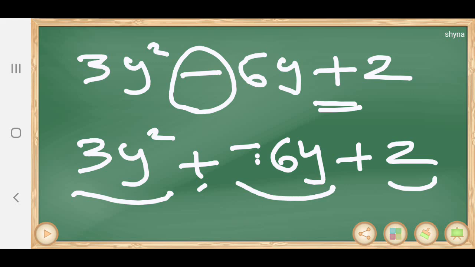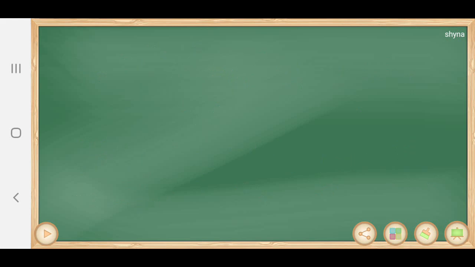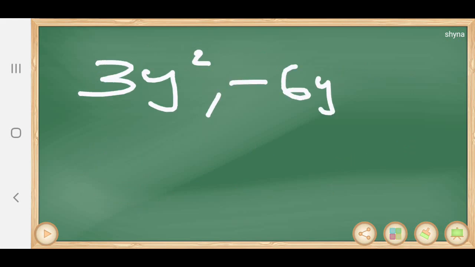Write the terms of 3y square minus 6y plus 2. Below that, 3y square minus 6y plus 2 equals 3y square plus minus 6y plus 2. The terms are 3y square, minus 6y, then 2.